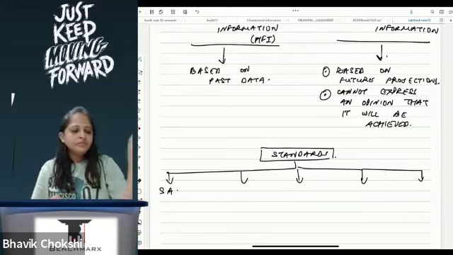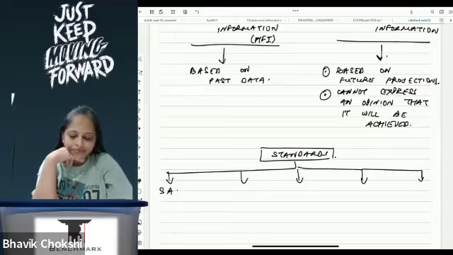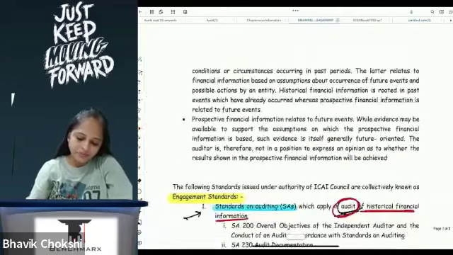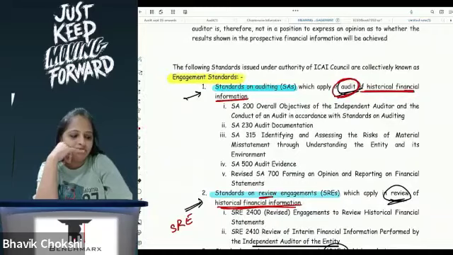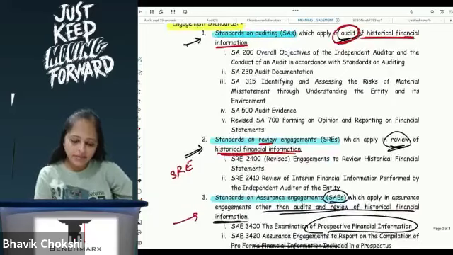In that, under that, just write down audit of historical financial information, in bracket write down reasonable assurance.